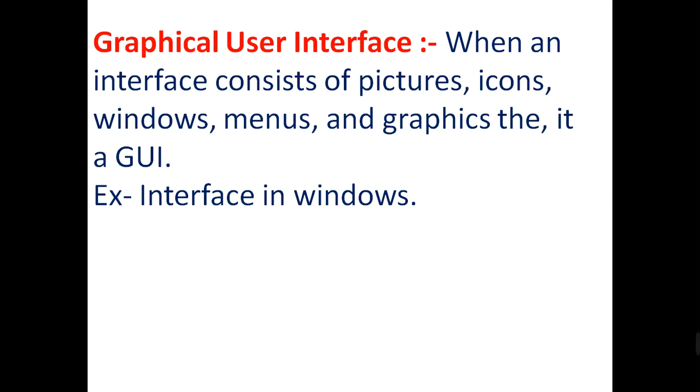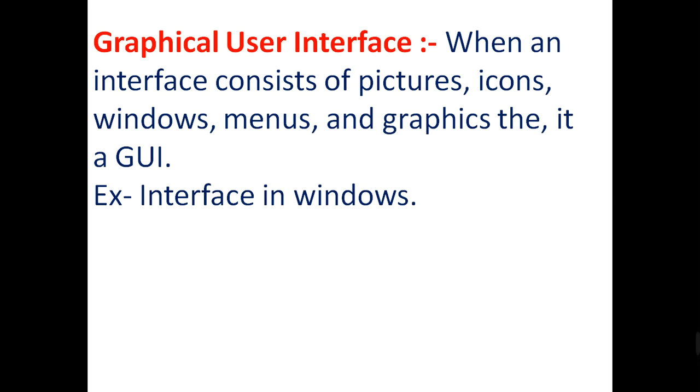Now what is graphical user interface? When an interface consists of pictures, icons, windows, menus, and other graphics, it will be considered a graphical user interface. There are various elements that are present in GUI.